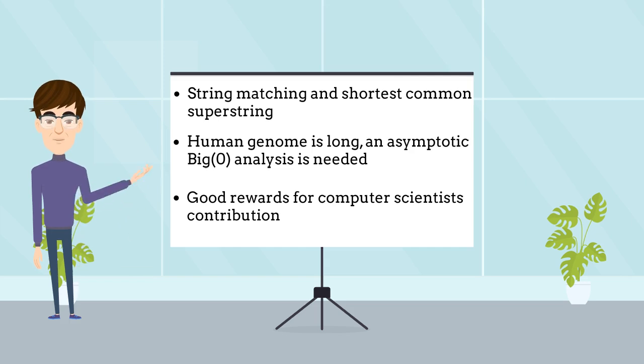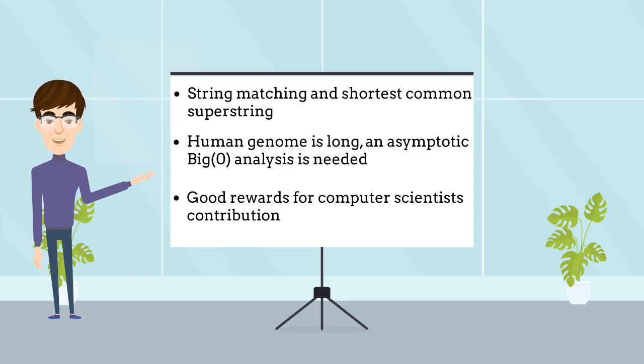DNA sequences can be precisely represented by strings of characters using the four letters A, C, T, and G. Biologists' need for string matching and shortest common superstring has recently made algorithm designers interested in solving these old algorithmic problems. These DNA sequences can be very long strings.